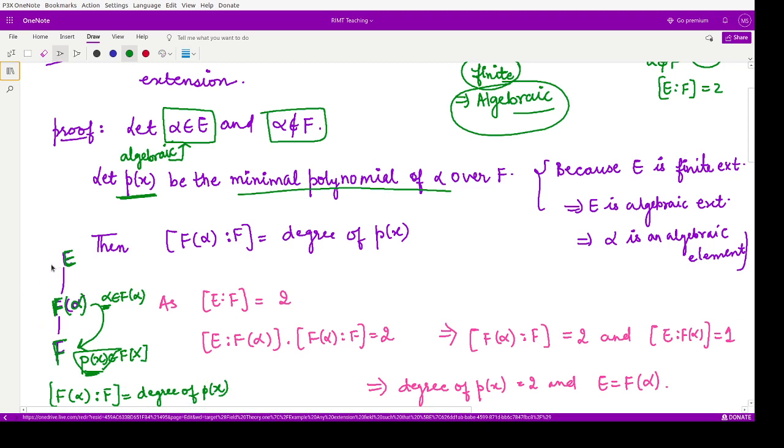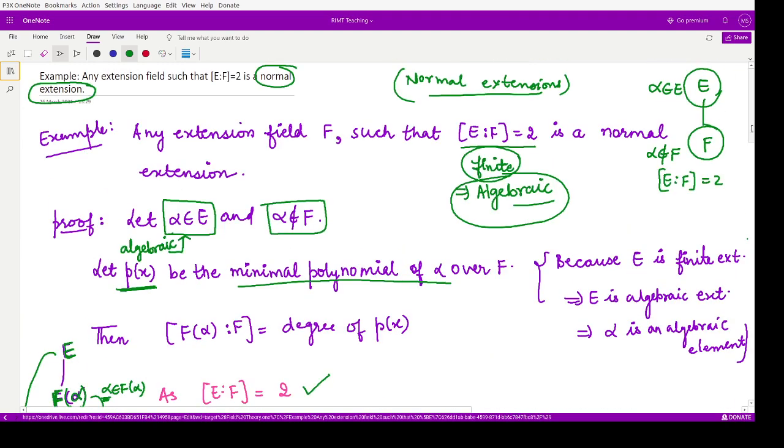However, what we know is that the degree of E over F is equal to 2. This is given in the question.